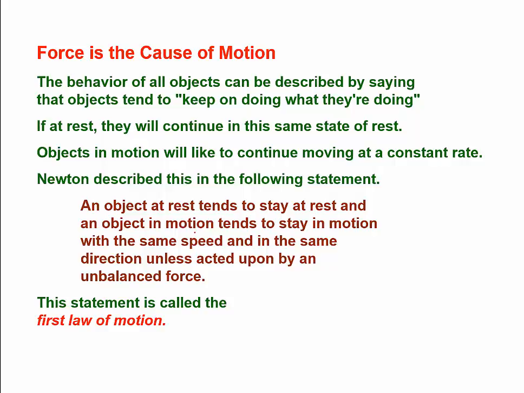The state of motion can be changed by changing the speed or changing the direction. Is that right? Yes, or both. If an object is going this way, in order to make it go that way, you've got to apply a force. That's what it means. To make it change the direction, you need a force. To make it change the speed, you need a force.